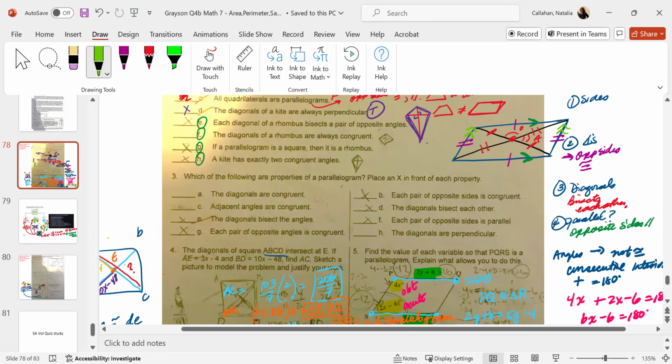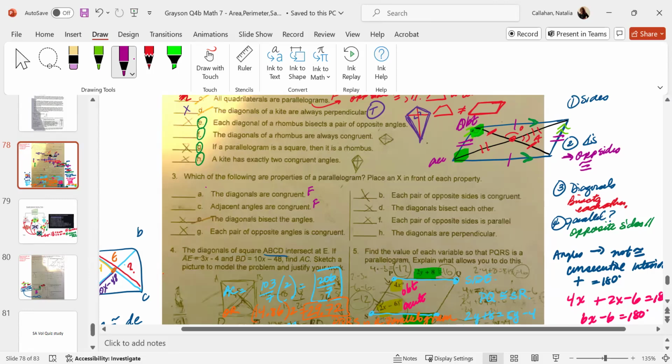Diagonals are congruent. They're not congruent. Because they're not, right? One's longer than the other. The adjacent angles are congruent. They're not, because adjacent angles mean angles next to each other. So this angle here and this angle, one is going to be obtuse, one is acute, right? So that's wrong. So this is false.